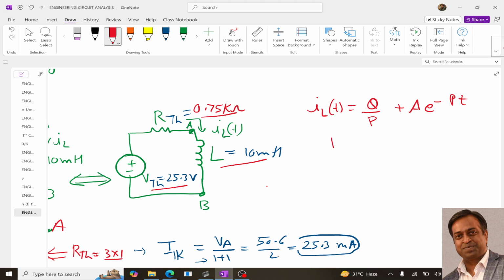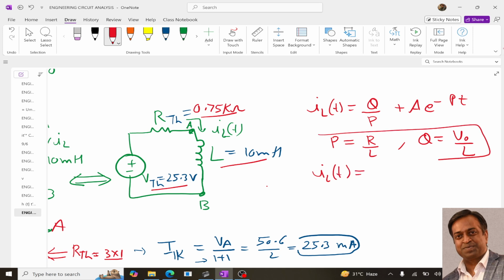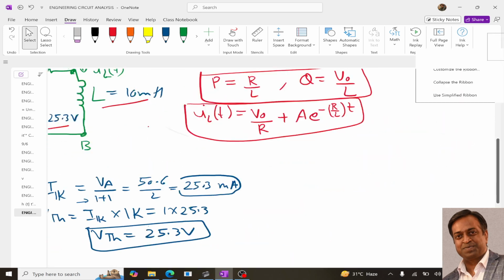Over here our p is R by L, our q is V naught by L, right? So our ILT, substituting this q and p value in this equation, we will get ILT as V naught by R plus A e to the power minus R by L t, right? So this is the inductor equation.